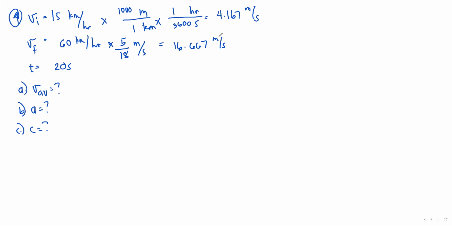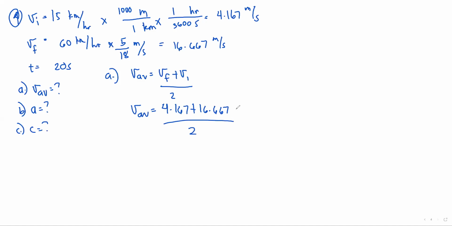So, you will notice that all our units are now uniform. We can now solve for everything we are looking for. First, A. Average velocity is equal to Vf plus Vi over 2. So, VAV is equal to 4.167 plus 16.667 all over 2 meters per second.